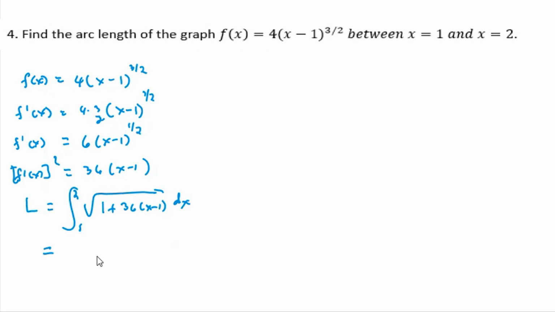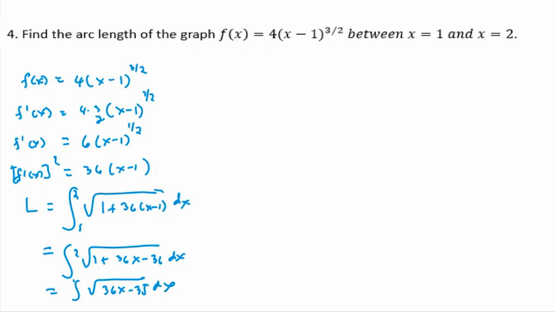So simplifying further the radicand or the integrand, we have the integral of the square root of 1 plus 36x minus 36 dx. So simplifying further, we have now the integral of the square root of 36x, 1 minus 36 is negative 35, so 36x minus 35, dx from 1 to 2.